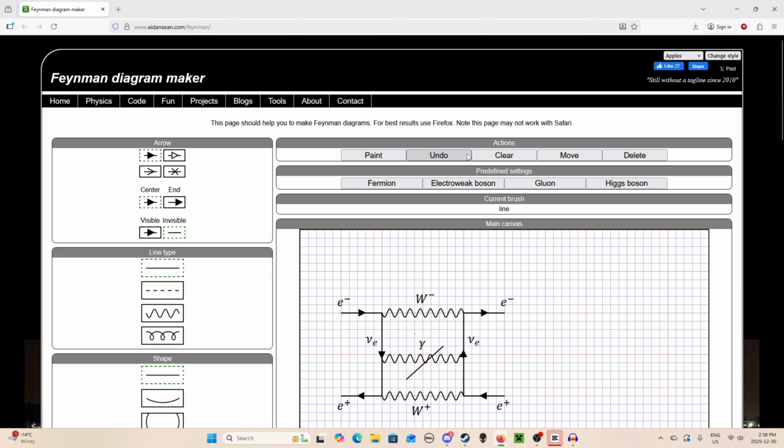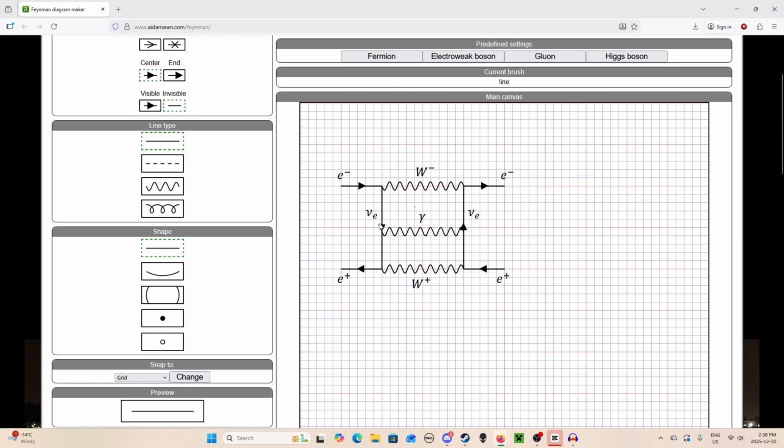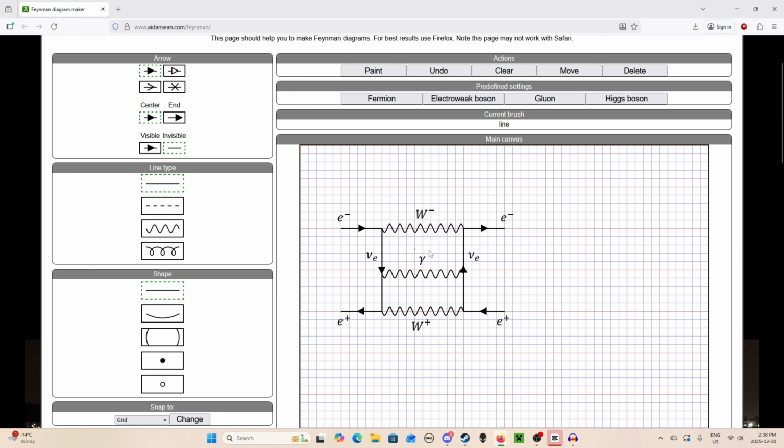Shoot. Undo. Anyways, the reason there should not be, I'm just going to draw a line through it. This center interaction shouldn't actually exist because these electron neutrinos are chargeless.